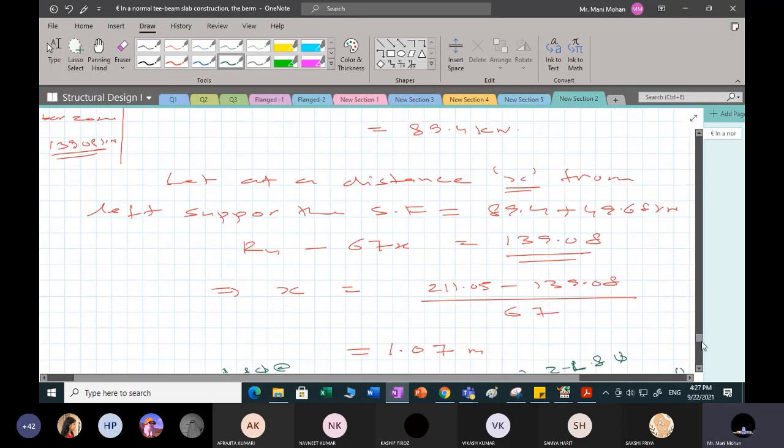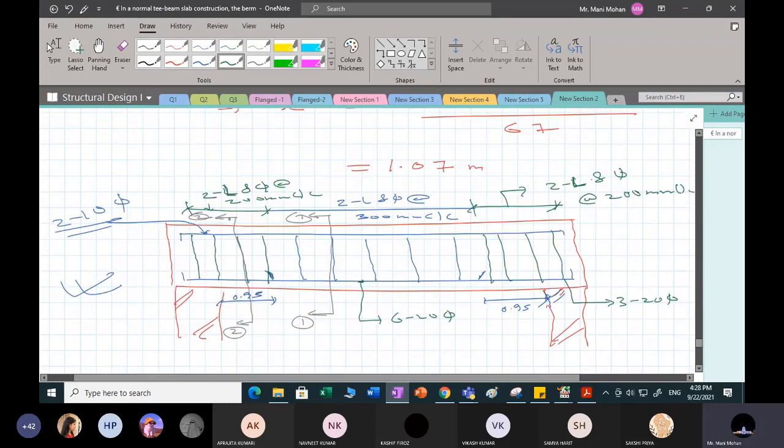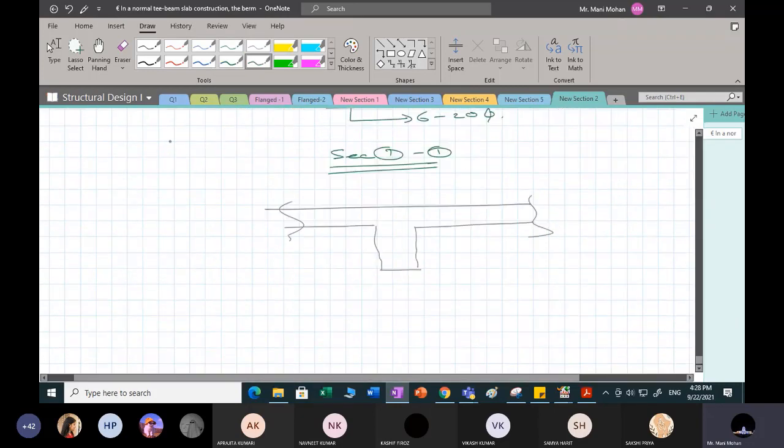Now when I come to section 2-2, which is near support, you again make this. How does your reinforcement look? Here you will have only 3 bars, because at the section where you have cut, there are only 3 bars, and here you have the hanger bars. This is my vertical stirrup. I can mark this bar: this is my 3-20 dia bar.